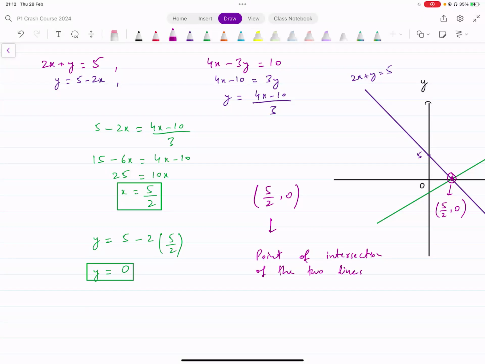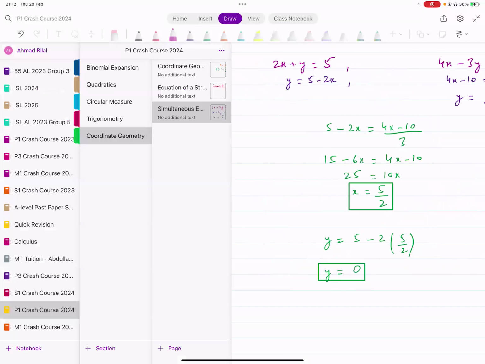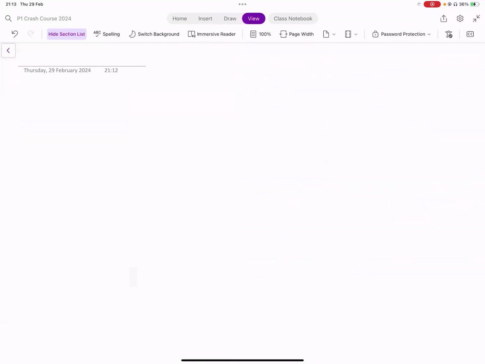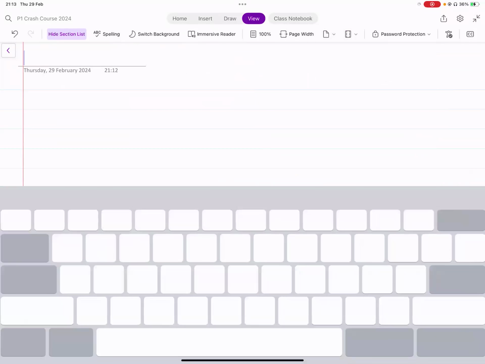So whenever we solve two equations simultaneously, we get their points of intersection on the graph. Since these are straight lines, they only have one point of intersection. Okay. All right, let's move on. So you know this from O-levels as well, but I had to give you a reminder about this. Now let's discuss the next thing.